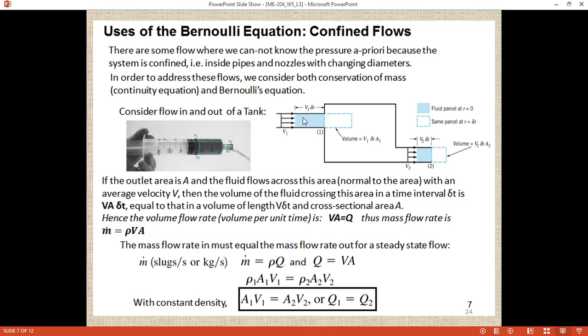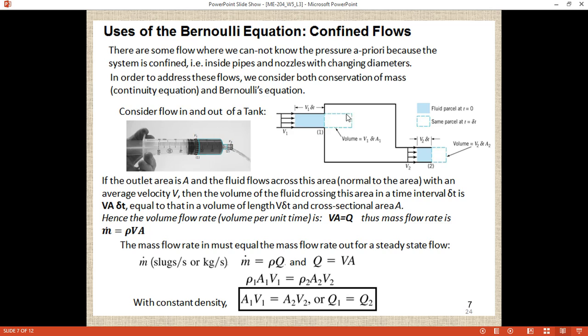The cross section area could be a circle, a rectangle, or a square. Same here, the cross section area of this exit pipe or nozzle is A2. With this velocity and this cross section, the amount of fluid entering the tank in delta t time will be equal to this much.